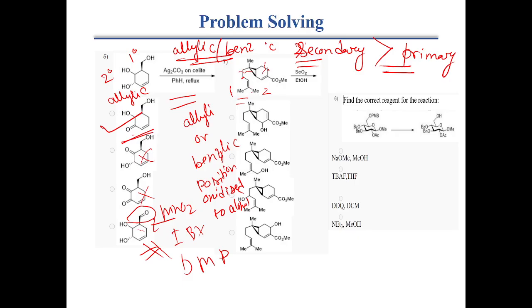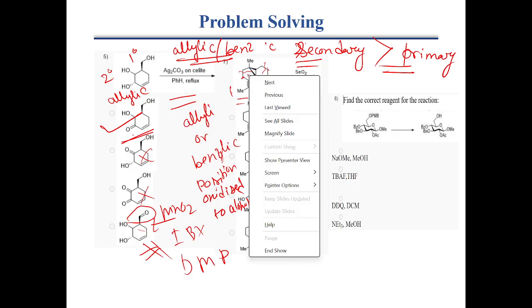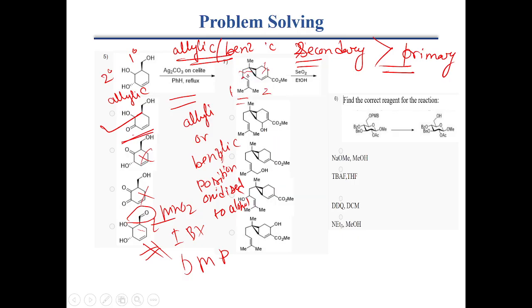Now between these two methyl groups, which will oxidize? So now we have to see the steric interaction. This is the trans form, methyl 2, and methyl 1 in cis form. Between trans and cis form, the cis is sterically more challenged because interaction is there.